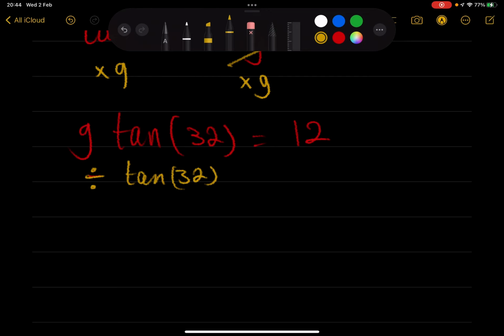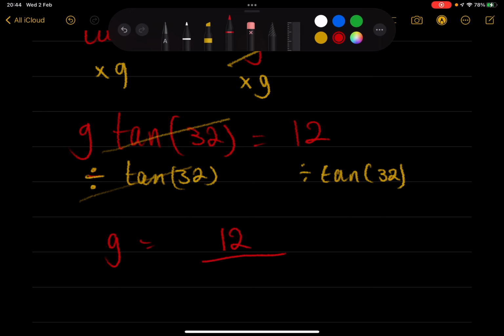Now remember, the bits in yellow here, you don't actually need to be writing in your books to get the marks, but this is just to show you what's going on. So when you divide by tan 32, it gets rid of the tan 32 on this side, and what you get is G equals 12 over tan 32.